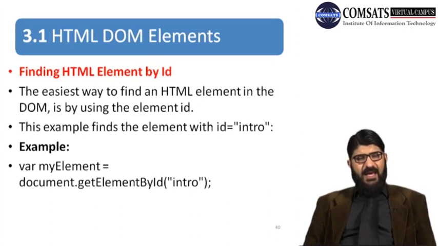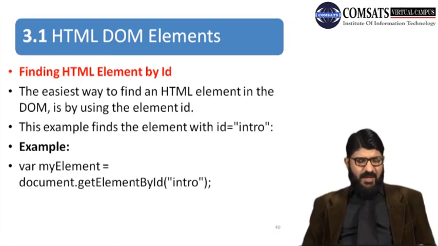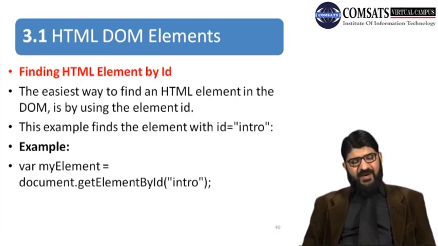Finding HTML element by ID, the first category. This is the easiest way to find an HTML element in the document object model, by using the element ID. Let's see the example of it. This example finds the element with ID equal to intro.